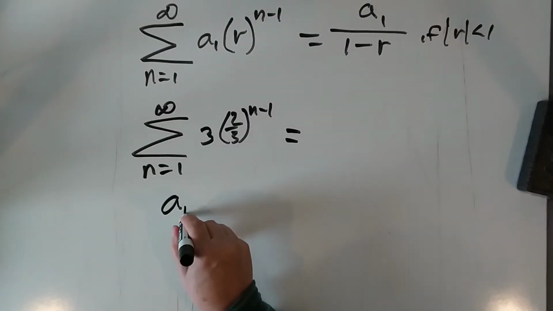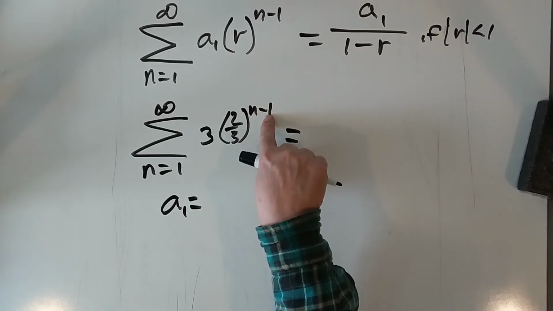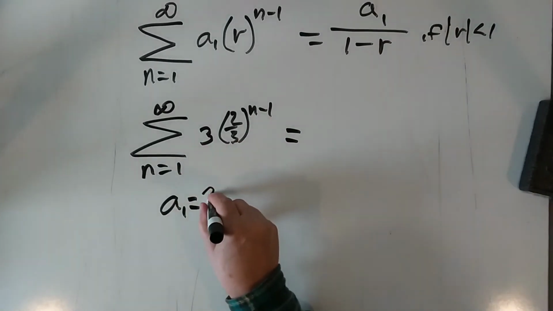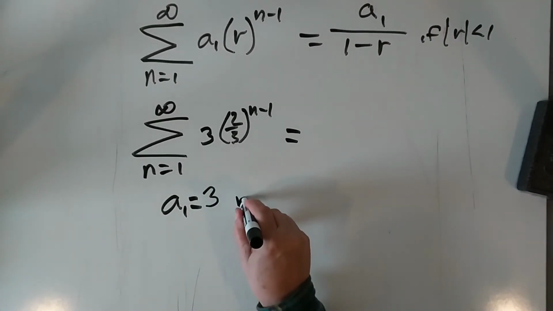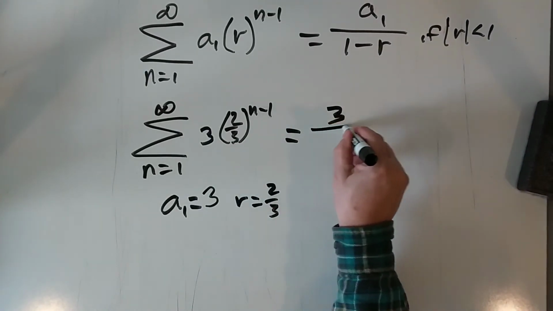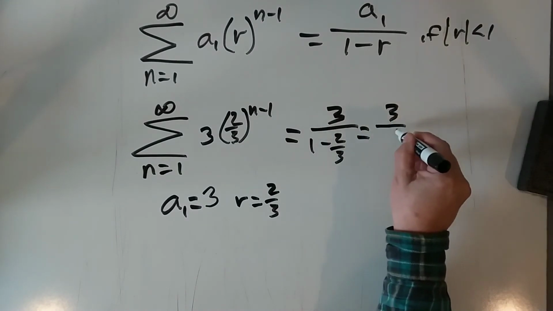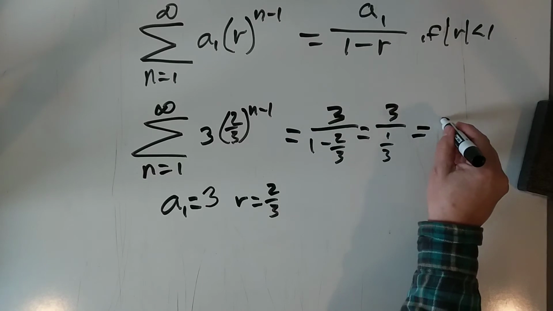A sub 1 equals, let's see, putting a 1 for n, 1 minus 1 is 0, which means this is 1, which means the first term is 3. The common ratio is 2/3. So this will equal 3 over 1 minus 2/3, which is 3 over 1/3. Invert and multiply, the sum will be 9.